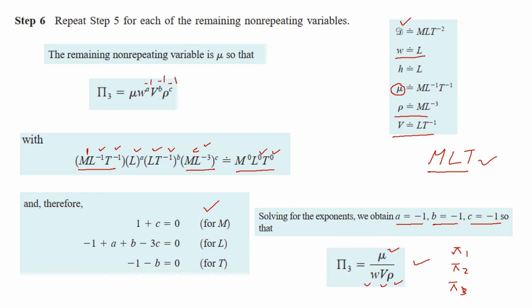And then I will check my pi 1, pi 2, pi 3 for FLT also. I will convert my mass to force and write their dimensions for pi 1, pi 2, pi 3, and see that they are also dimensionless for these 3 basic dimensions. So now let's move on to step 7.